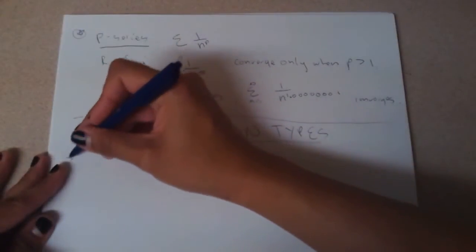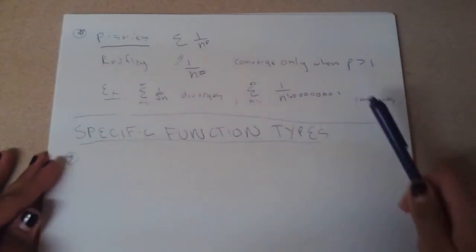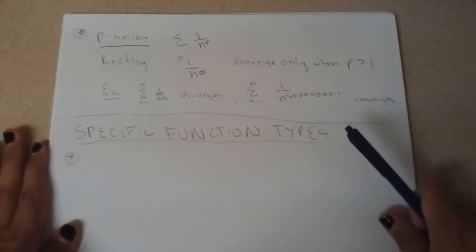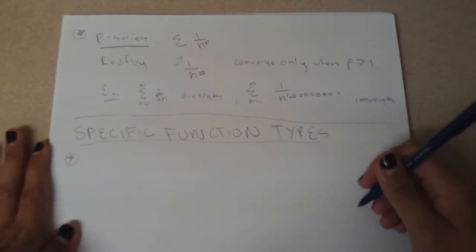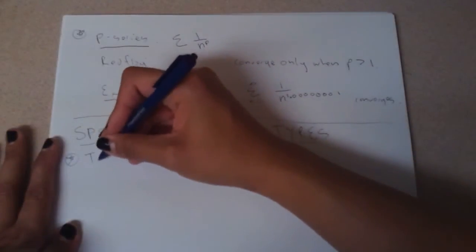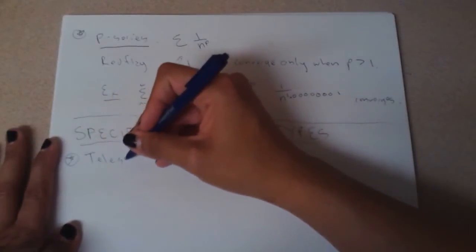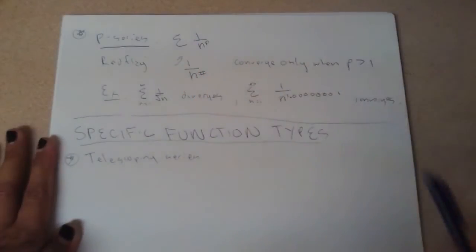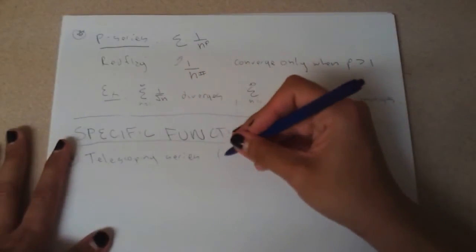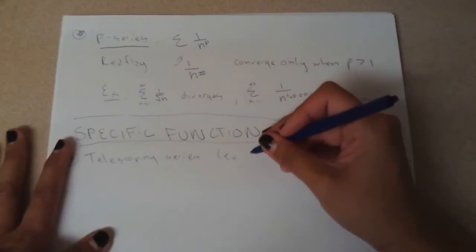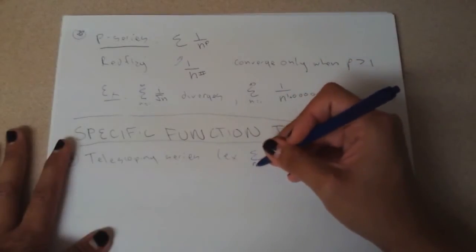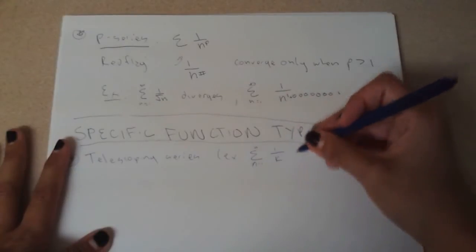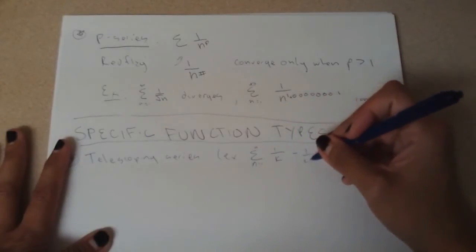Now, to come back to some of the earlier stuff that we've worked on, telescoping series, right? Remember those telescoping series? These were series of the form, just a fast example here, say I looked at something like 1 over k minus 1 over k plus 1.